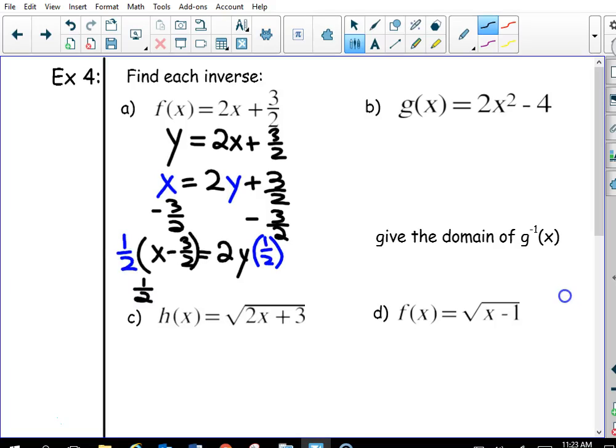So we have 1/2 x minus 3/4 equals y, but I'm going to put in my f to the minus 1 of x notation. Okay, same idea here, and I'm going to skip a few steps. I'm just going to switch x and y.